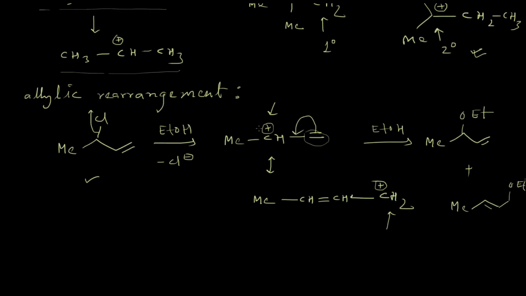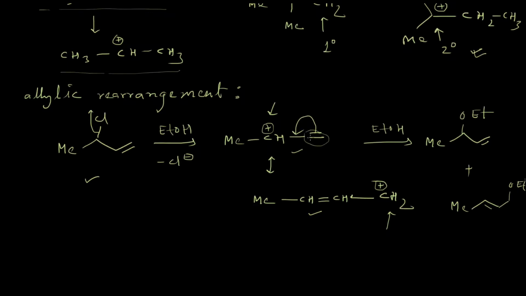So we can see that due to this rearrangement, which is allylic rearrangement, two new carbocations are existing in the reaction mixture. These two carbocations remain in the reaction mixture at the same time, and they are equally capable of reacting with the solvent molecule in order to give two different products.